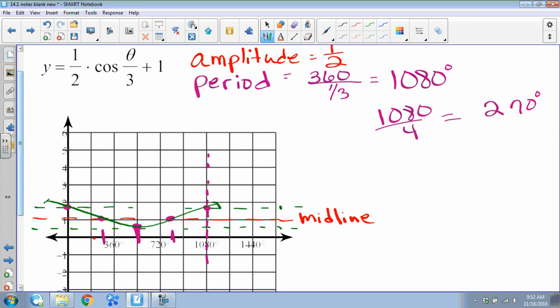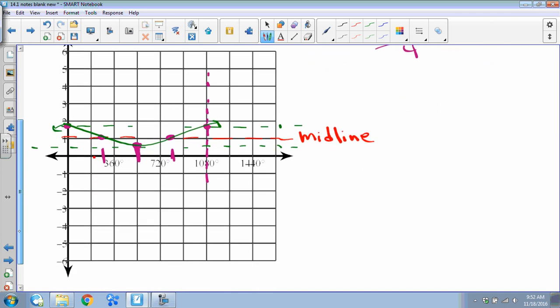Okay, so technically this shouldn't go higher than the maximum. So it shrunk it this way, and it stretched out, and it raised it up. Okay? Any questions? One more, and then I'll give you your worksheet. All ready?